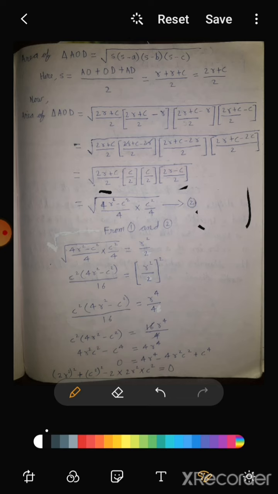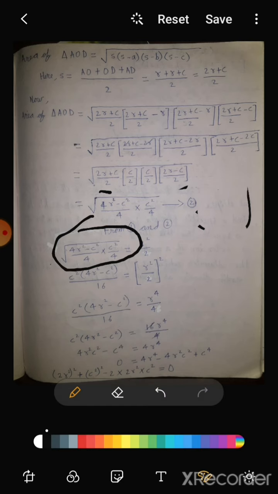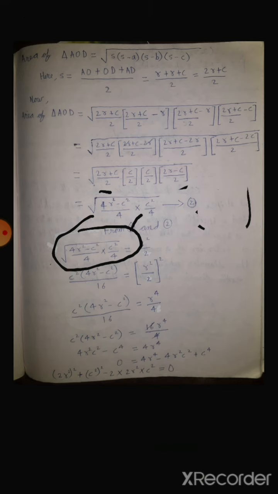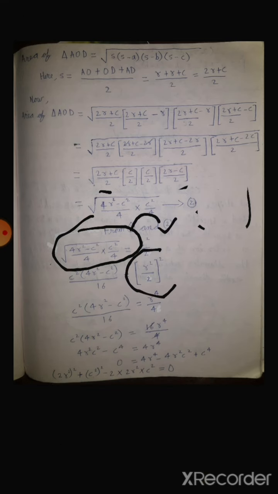So by simplifying this, we will get C square into (4R square minus C square) divided by 16, that is 4 into 4, 16. This square root gets transposed to the RHS side. It will become square, that is (R square by 2) whole square.